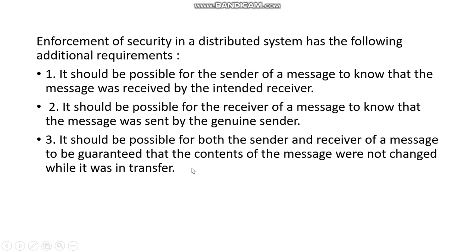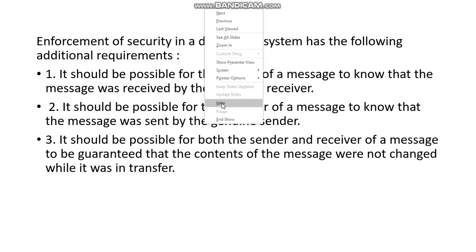The sender should be trusted by the receiver, and there must be integrity, meaning no changes have been made during transmission, and the message is from the right source. That trust should be given. These are some of the security issues in a distributed system. Thank you.